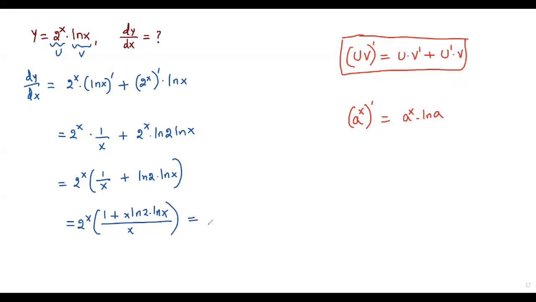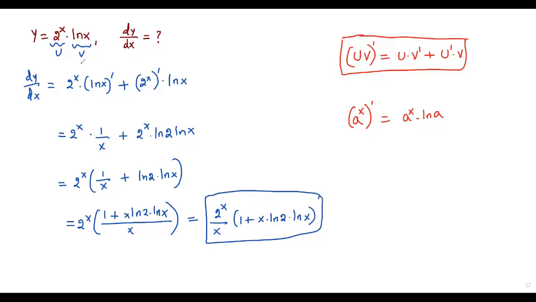So the next step, we can write the answer the other way. There is 2 to the x power, and this denominator x can be taken along with this 2 to the x power. Then you'll be getting 2 to the x power over x times 1 positive x times ln 2 times ln x. So this is the derivative of the given function with respect to x.